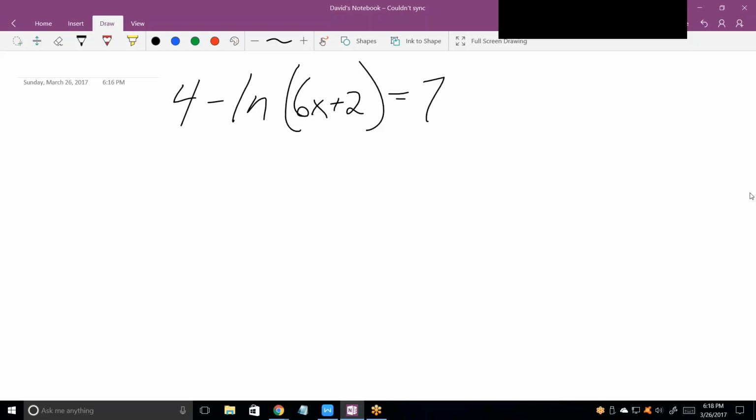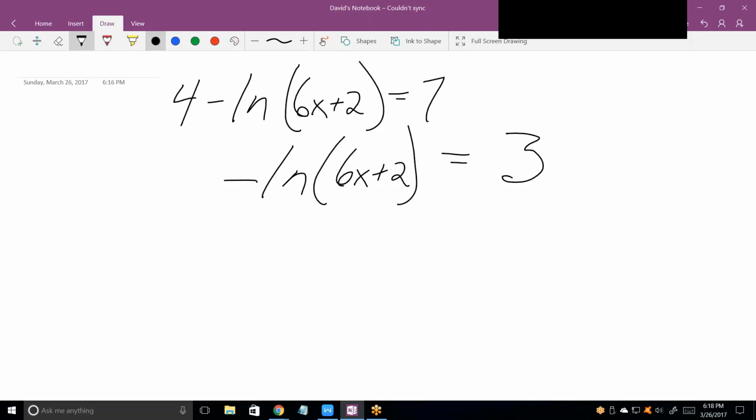All right. What can I do here? Add or subtract 4. So that leaves... Now what can we do? The negative 1 to the power of 3.